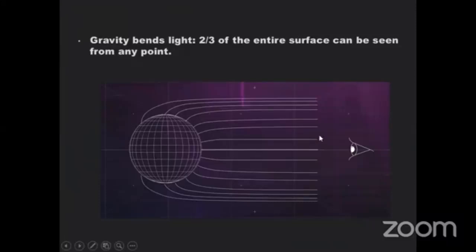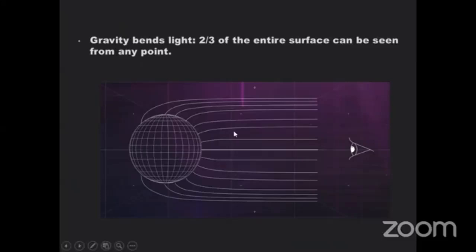So also, if you are observing a neutron star, you're going to see 2/3 of the entire surface of the neutron star, because of the way gravity curves the space-time around the neutron star. Sorry, 2/3. If you have a small ball, a tennis ball, you can literally see the surface.